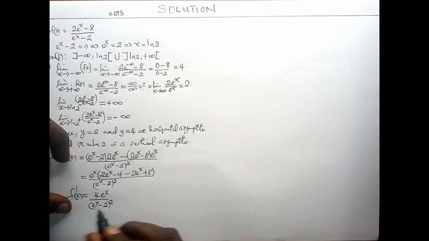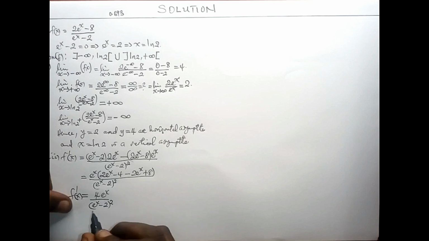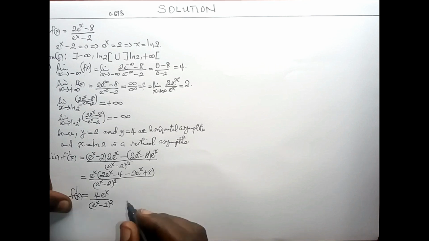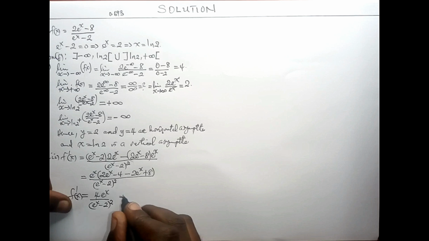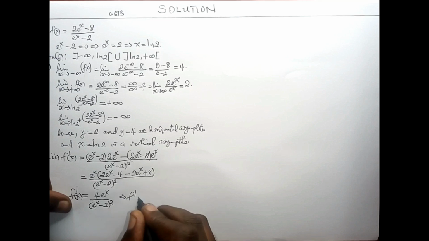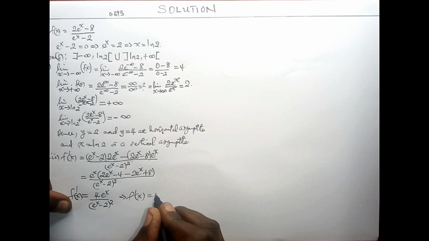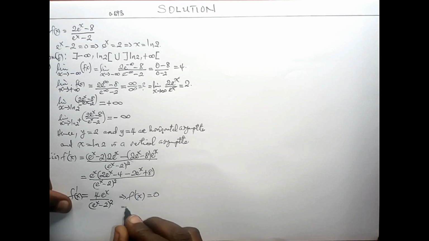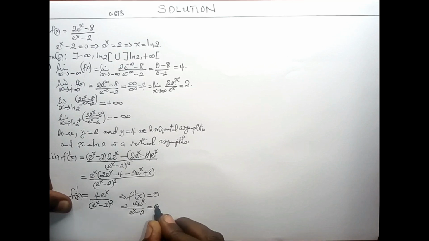Now, to have turning points, remember turning points occur on the curve where the gradient is 0, and the gradient is represented by f prime of x. So if I put f prime of x equals 0, I would have it that 4e^x over (e^x − 2)² equals 0.